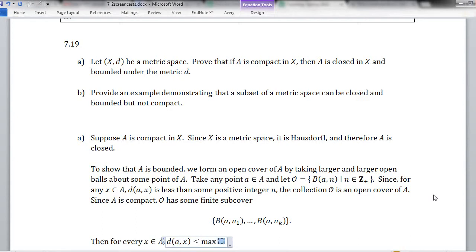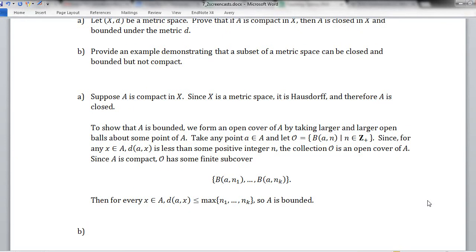The maximum of n sub 1 to n sub k. So we've shown that A is bounded. Okay? So it's both closed and bounded, which is what we wanted to prove.